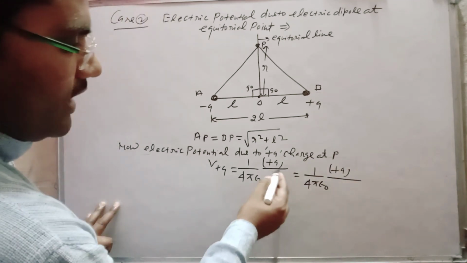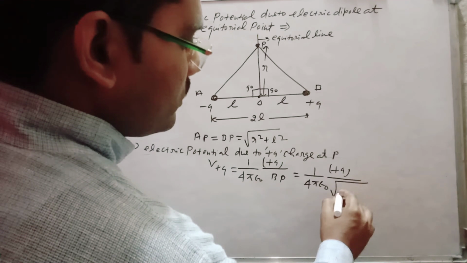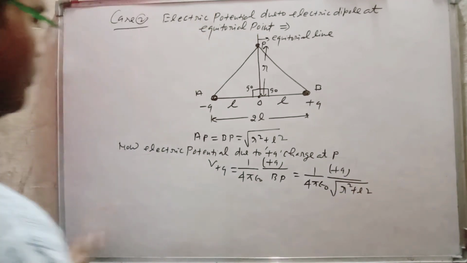Now substituting the value of BP, which is the square root of R square plus L square.